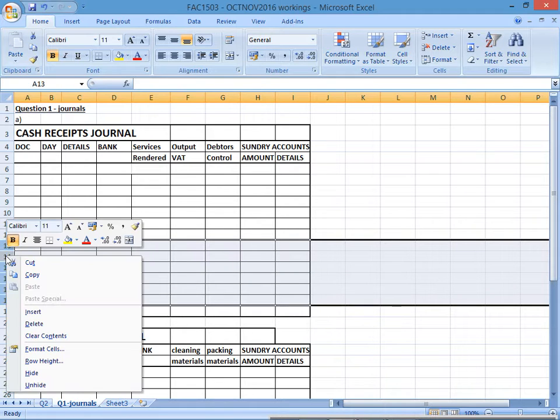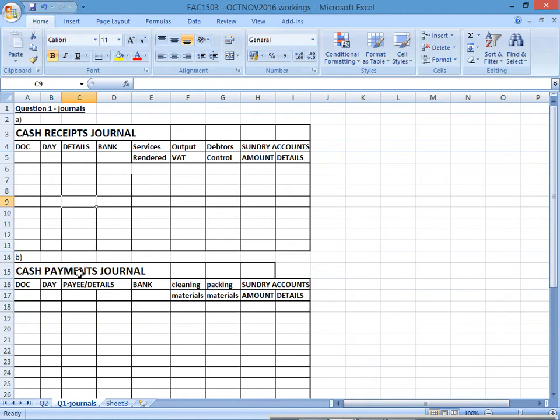Now we're going to have to go to the question, and we're going to have to look at each of those line items, and we're going to have to post them where they need to go. A journal that's used for other transactions is the general journal. Okay, so that's going to be a separate journal, and the general journal is very easy to do. It's literally a debit and a credit. You would write in something there, you'd write in something there.